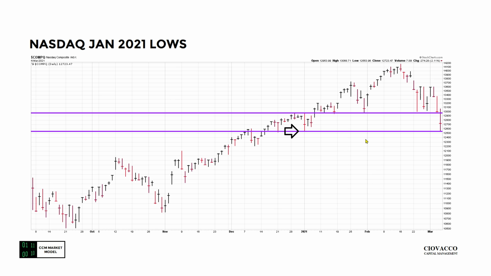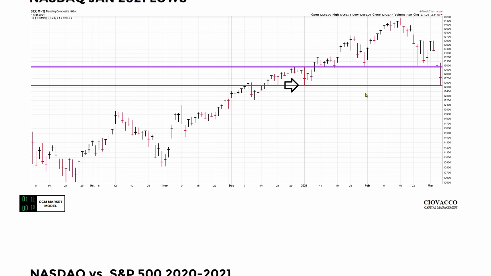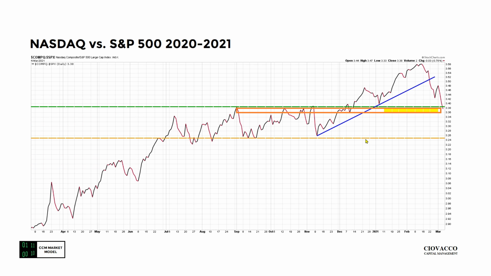Right now, as of Thursday's close, the January lows have held. However, on a relative basis, the NASDAQ is looking a little bit vulnerable here, but this is still an area of congestion in here. It's possible we could still bounce here, but this is telling us to be open to NASDAQ underperformance in the short term.